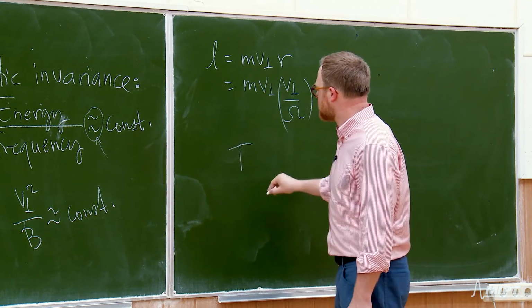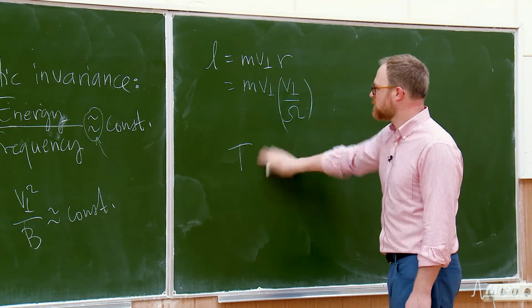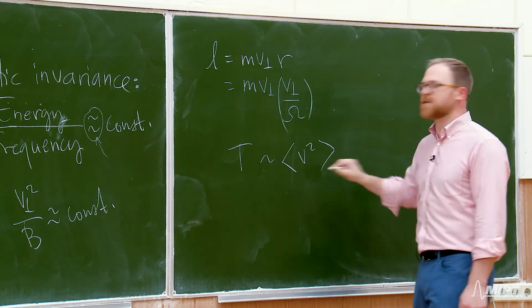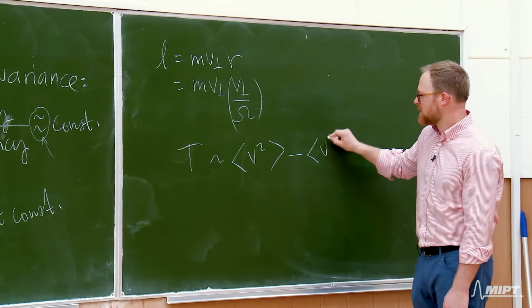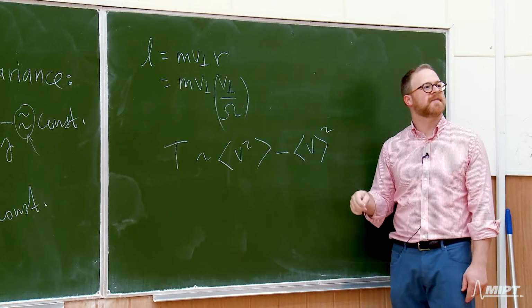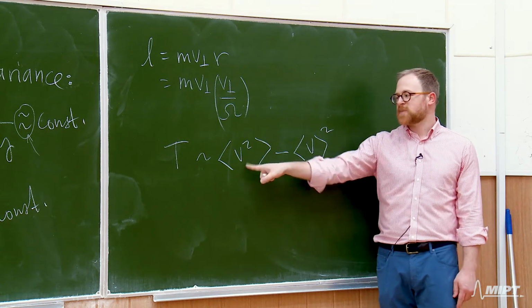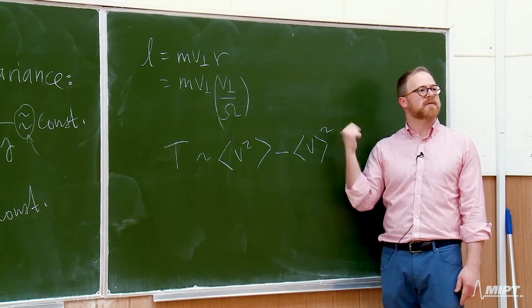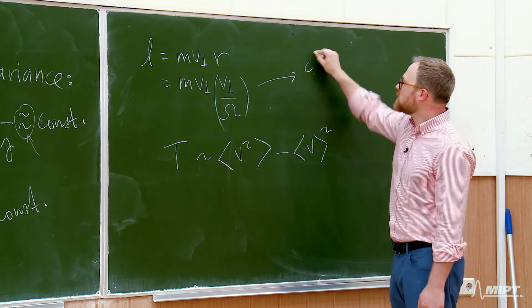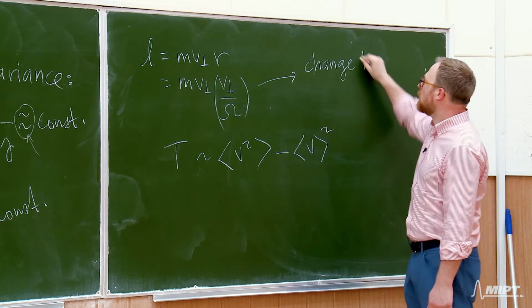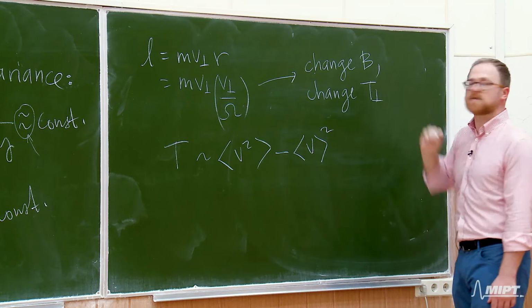So what's temperature? Temperature is just something like the expectation value of v squared, right? It's the mean. It's a measure of the random motions of the particles. Expectation value of v squared minus its mean squared, right? So what this means is that if I change B, I have to change T perp.